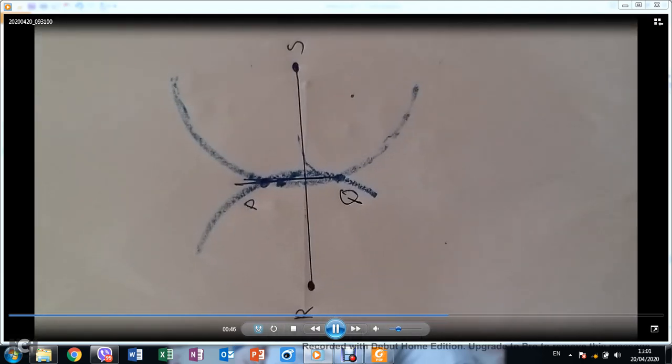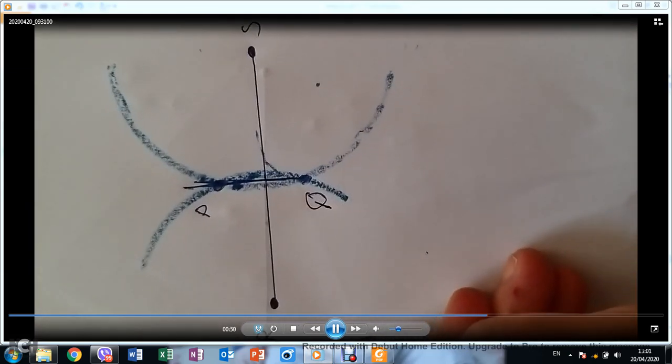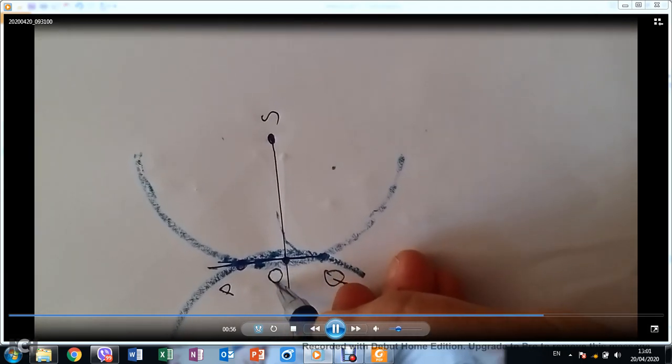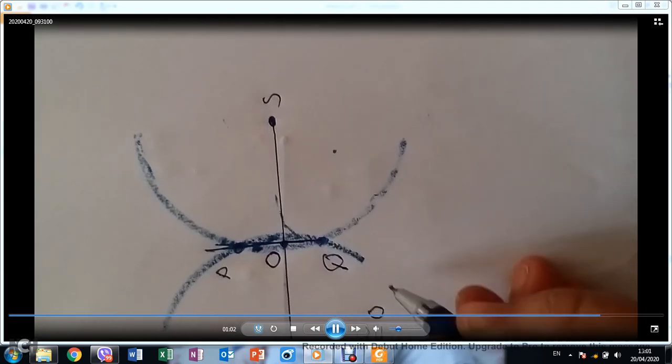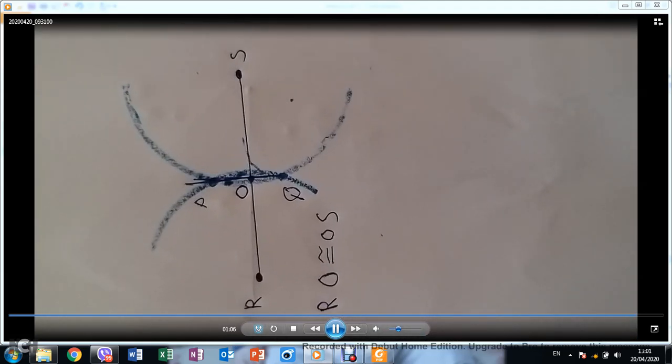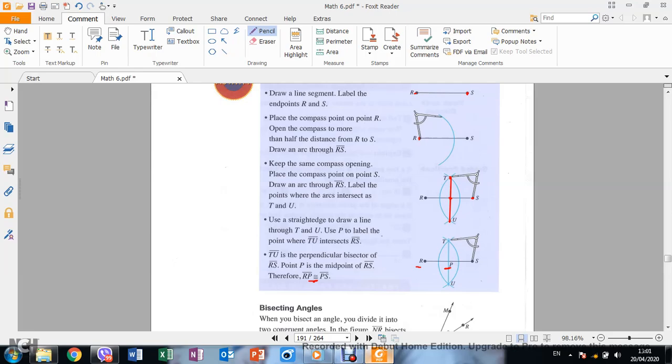This line is the perpendicular bisector. When it intersects line segment RS, it's point O. Now you tell me RO is congruent to OS.